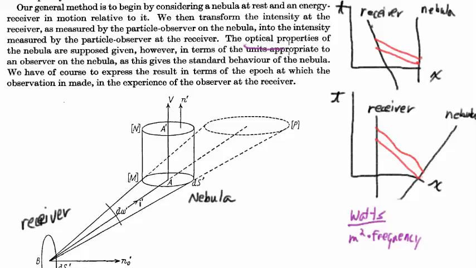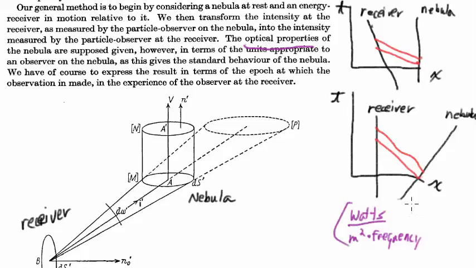Optical properties of the nebula are given in terms of the units appropriate to the nebula, as this gives the standard behavior of the nebula. We have, of course, to express the result in terms of the epoch at which the observation is made in the experience of the observer at the receiver.